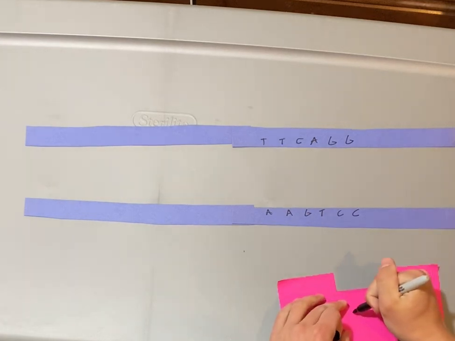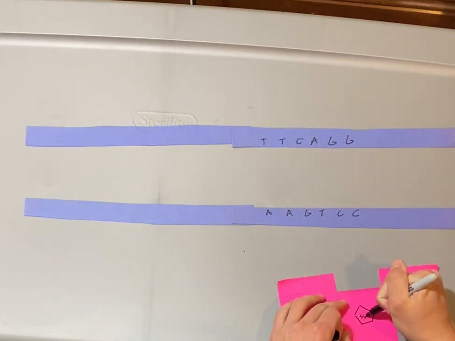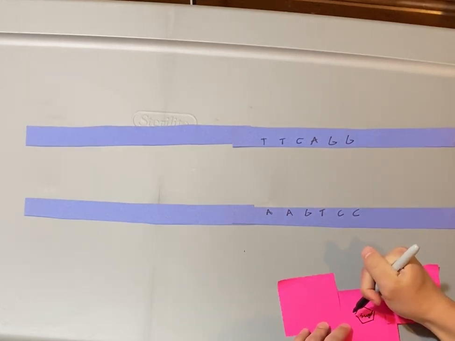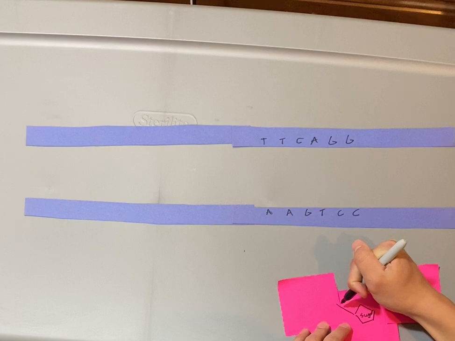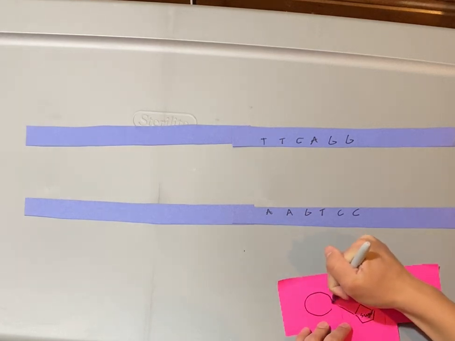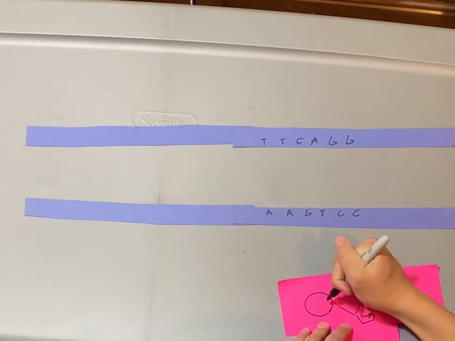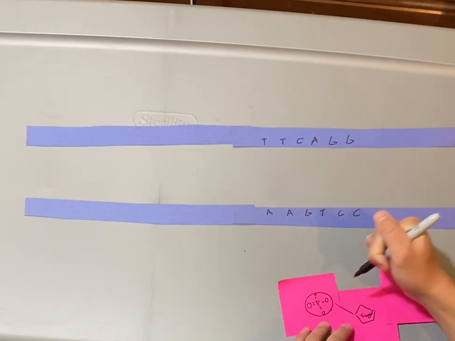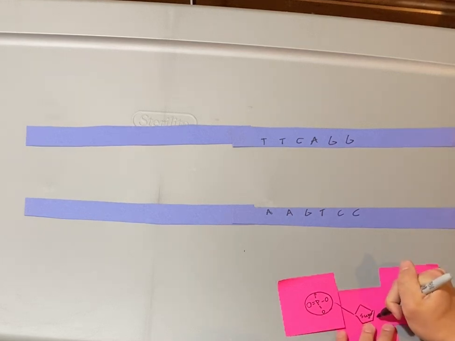So you have your 5-sided sugar, classic pentagon. This is your sugar, which is attached to your phosphate group up here. This is your phosphate group. Phosphate, oxygen, and last we have our nitrogenous base, which will be up here.